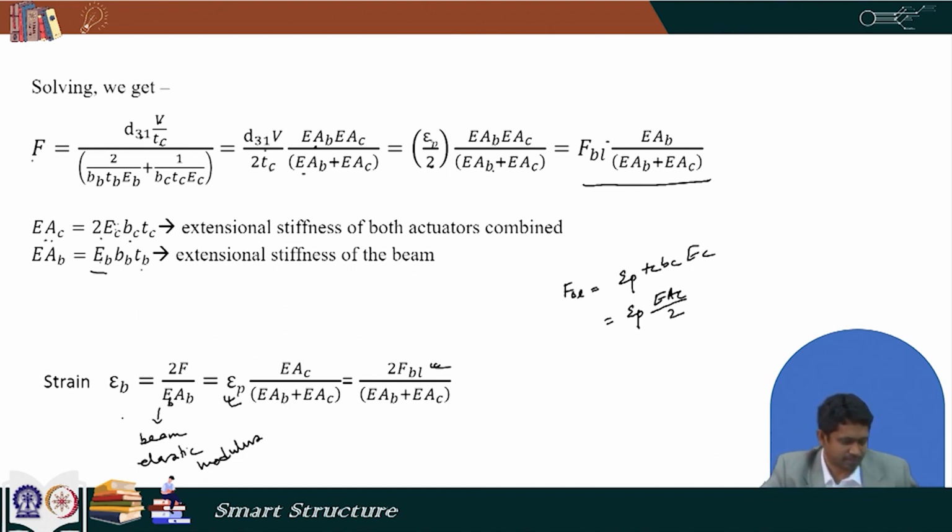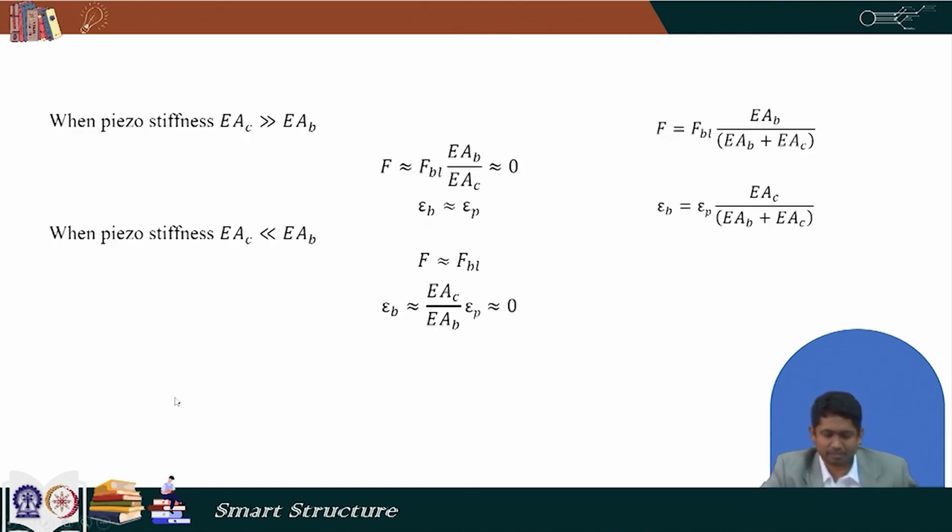Now that we know the expressions for the force and the strain, we can see some extreme cases now. If our EAC is much more than EAB, then this expression for block force becomes 0.